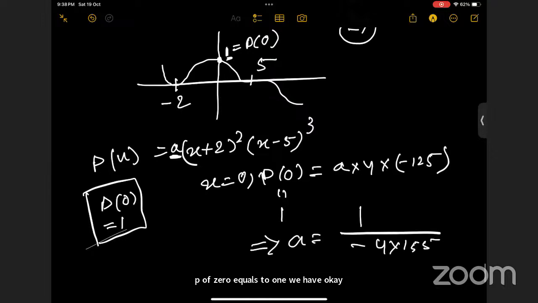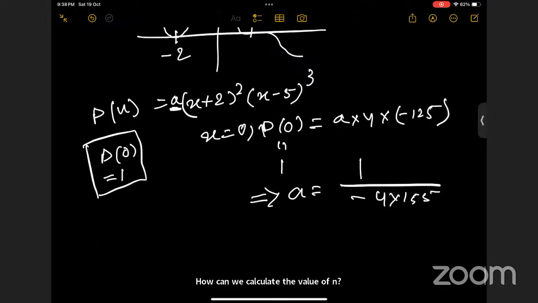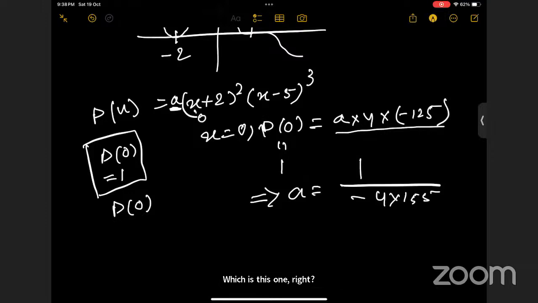So we will simply calculate p(0). Here, if x is 0, then we will get 2 square, that means 4. And here, if x equals 0, then we will get minus 5 cube, that means minus 125, right?